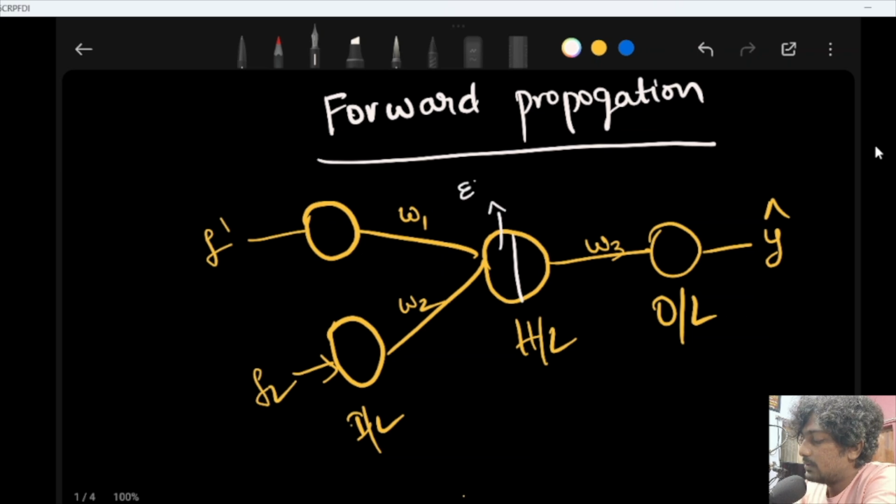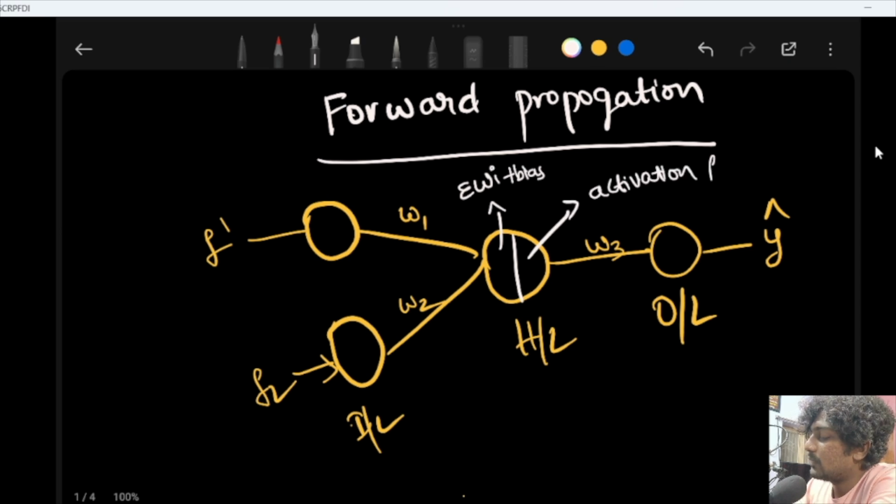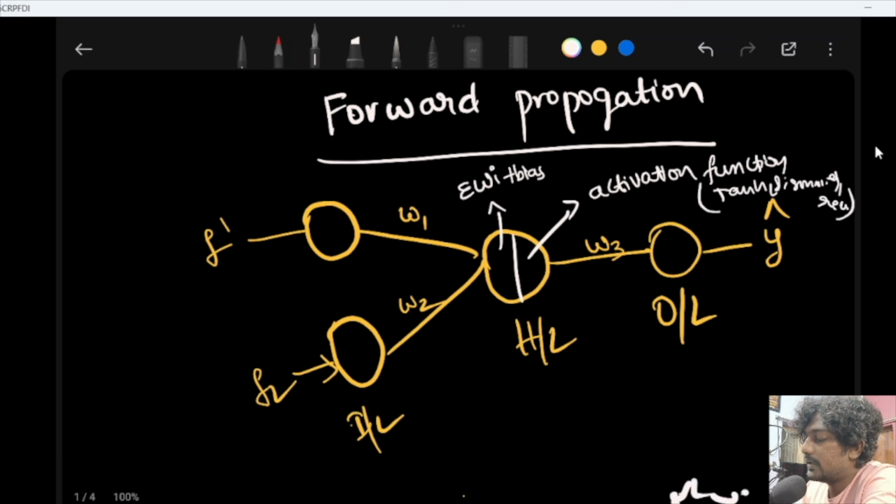One is the weighted sum of the inputs plus bias, and the second step is the activation function like tanh, sigmoid, ReLU, right? When we get the input, we calculate the weighted sum and add bias, and after that we apply the activation function on that, right?